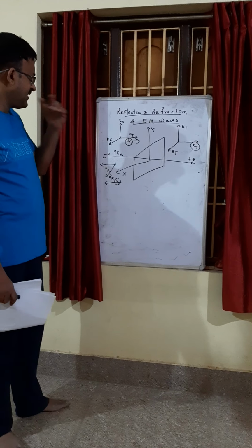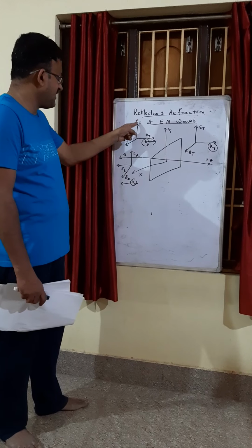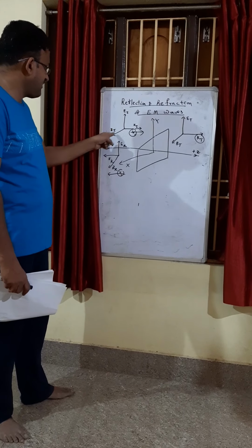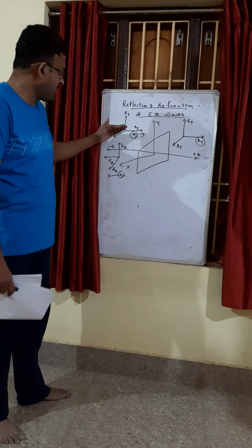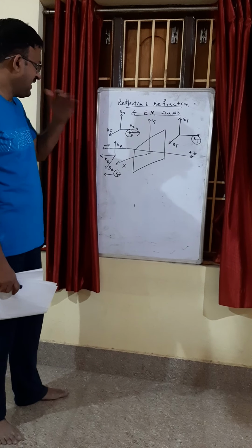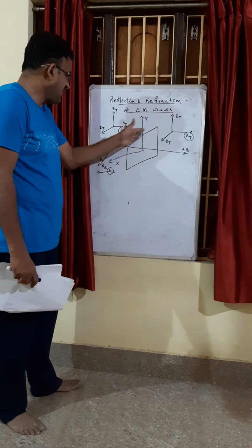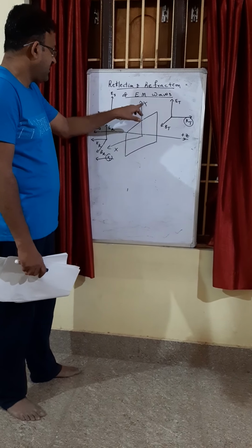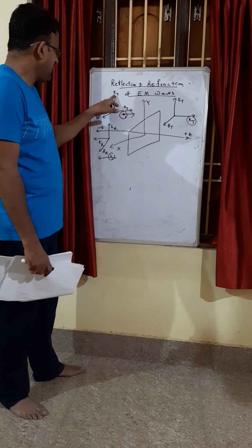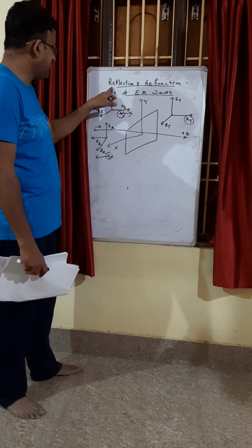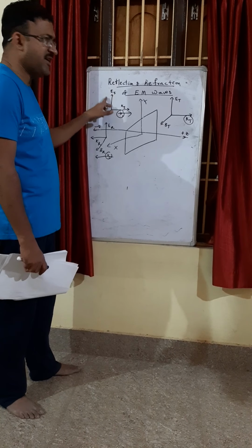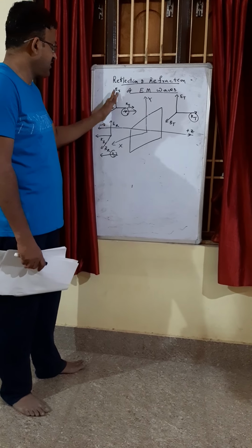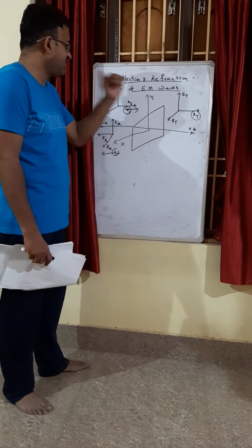You see, this electric field is along the y-axis, and this is along the x-axis, and the propagation is along the z-axis. And you see the boundary lies in the xy plane. So when the boundary lies in the xy plane, the electric field also lies along the y-axis. So we can say this is the tangential component of the electric field, because this vector is a tangent to this plane.